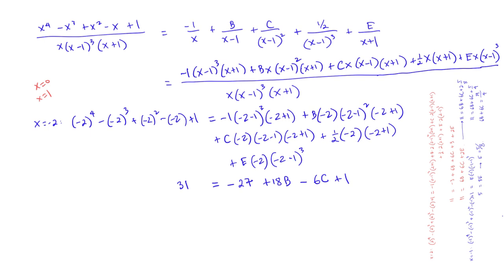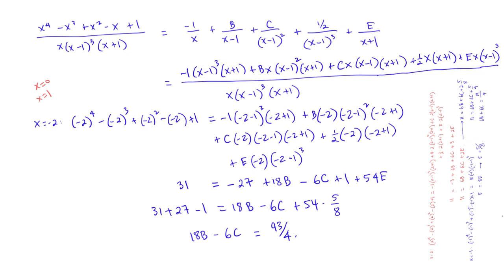So that would be negative 3 to the third, negative 27 times another negative 2. 27 times 2 is 54e. But remember, we have e already. e is 5 over 8. Simplifying this to get 18b minus 6c equals 93 over 4.